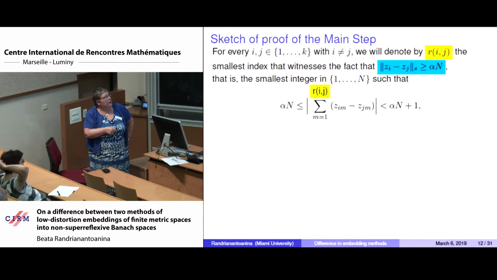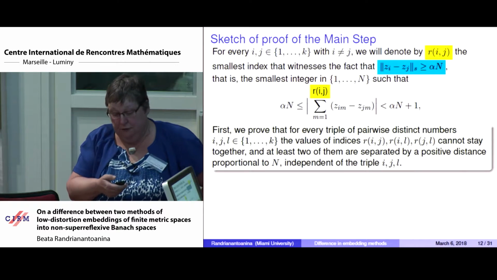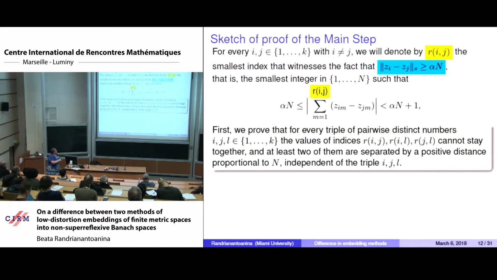And since all those differences have modulus less than 1, I certainly achieve this upper estimate at the same time. Right, so what we are going to prove first is that these numbers Rij cannot stay together. They have to keep moving forward, and the distance between them is proportional to n, right?